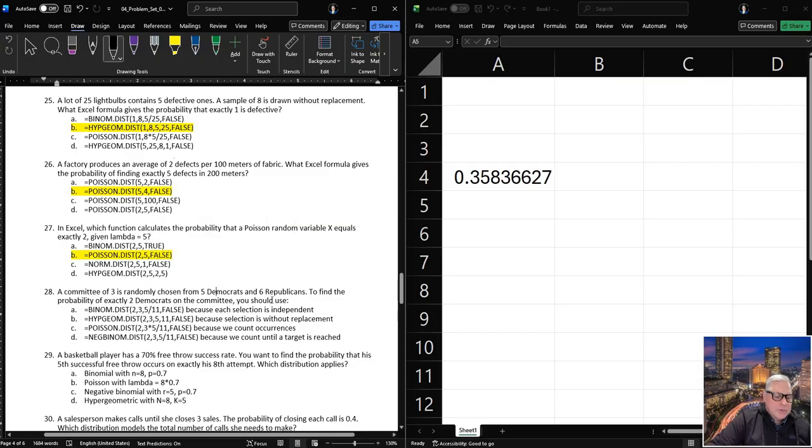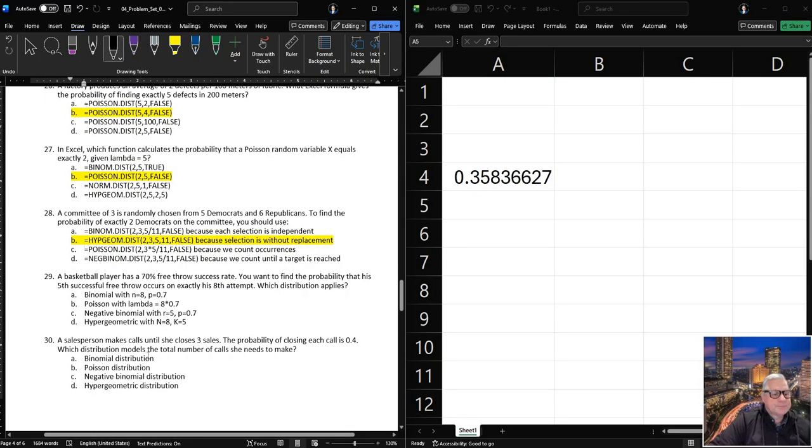A committee of 3 is randomly chosen from 5 Democrats and 6 Republicans. To find the probability of exactly 2 Democrats on the committee, you should use, okay, it's drawing without replacement, so it must be the hypergeometric one. Okay, I think by now it should be clear.